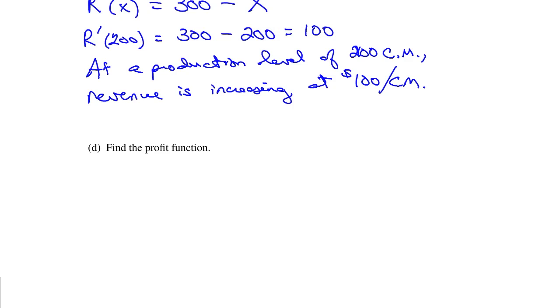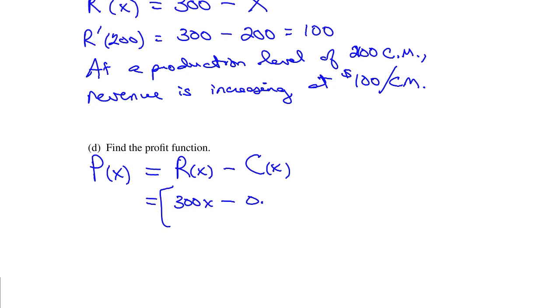Question D, find the profit function. So profit of x is equal to revenue of x minus c of x. So that would be 300x minus 0.5x squared minus 10,000 plus 75x.